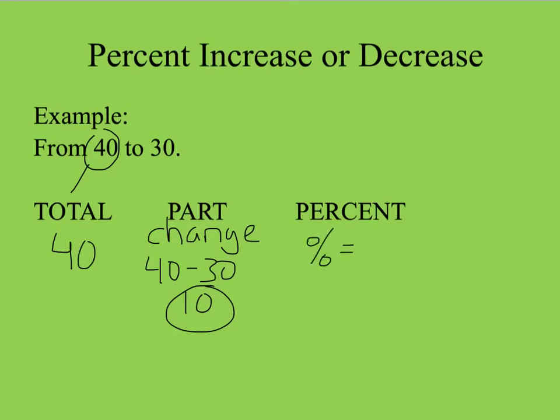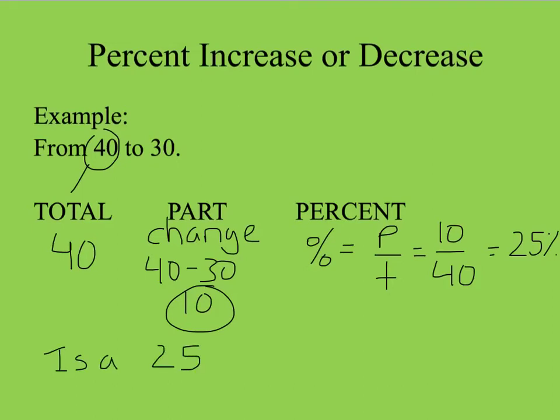The percent is the part over the total, 10 over 40, 25%. So you would say that from 40 to 30 is a 25% decrease.